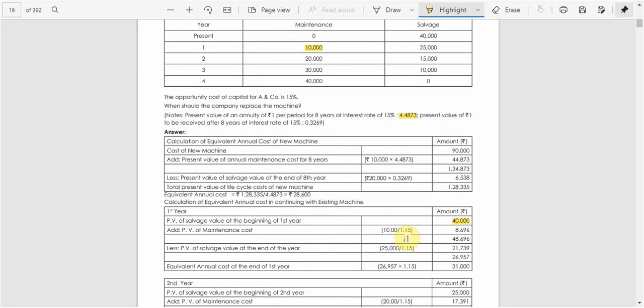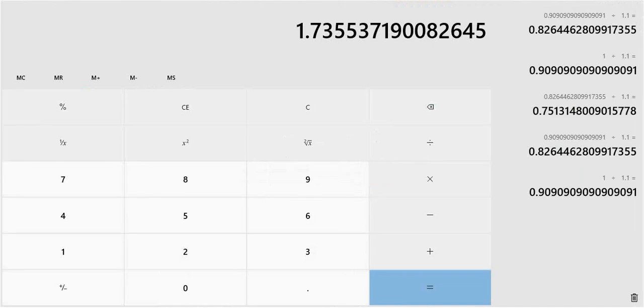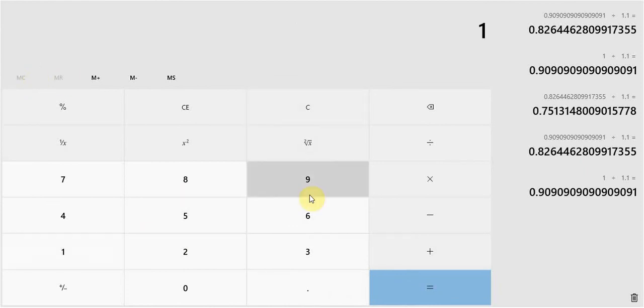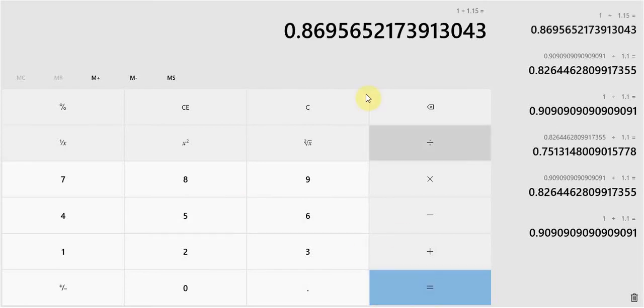Also we can do it like this, as we did earlier. The rate is given as 15%, right? So if you go to the calculator, it is 1 divided by 1.15, which is 0.869.